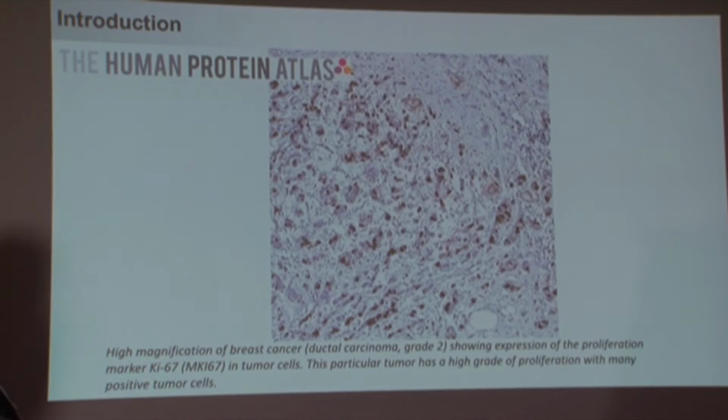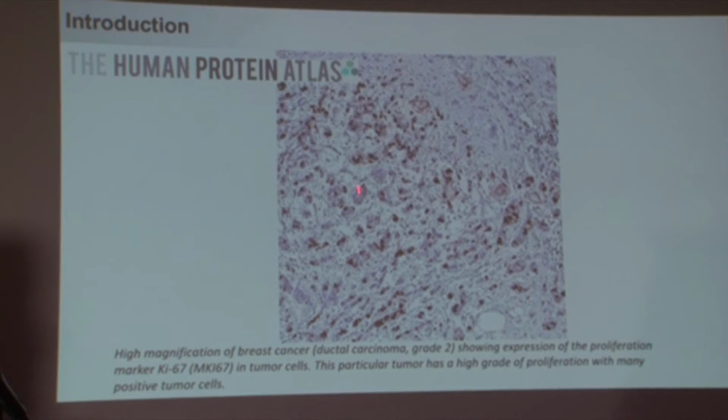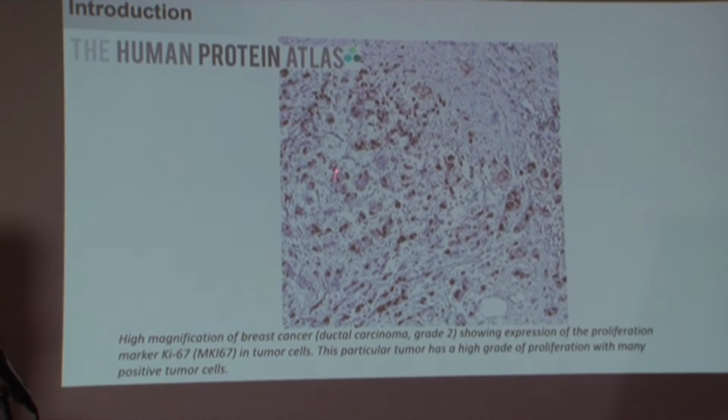So here I stole an image of a breast cancer. This is actual breast cancer tissue from a patient from the Human Protein Atlas. So what you see here, these are the dark nuclei.